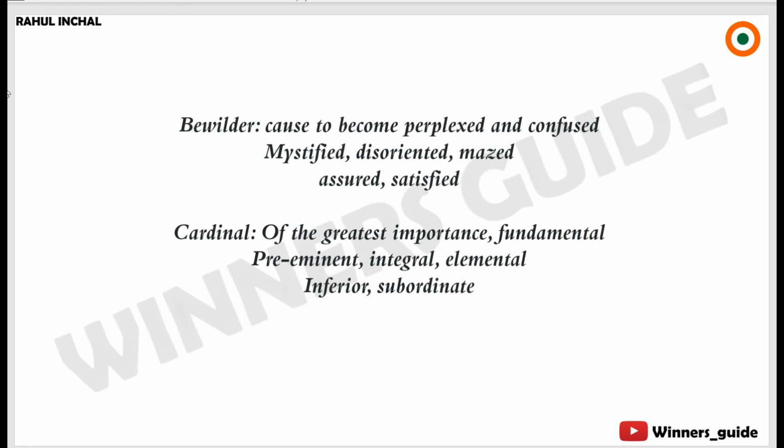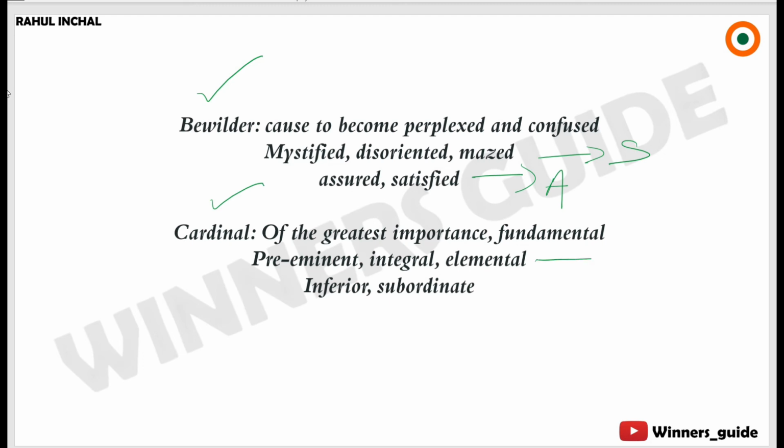The fourth word we have here is bewilder: cause to become perplexed and confused. Synonyms: mystified, disoriented, maze. Antonyms: assured, satisfied. The last word we have here is cardinal: of the greatest importance, fundamental.